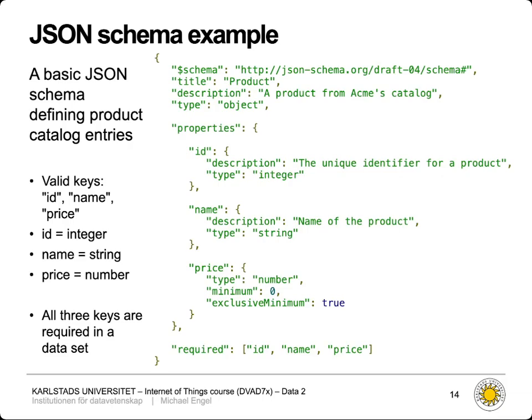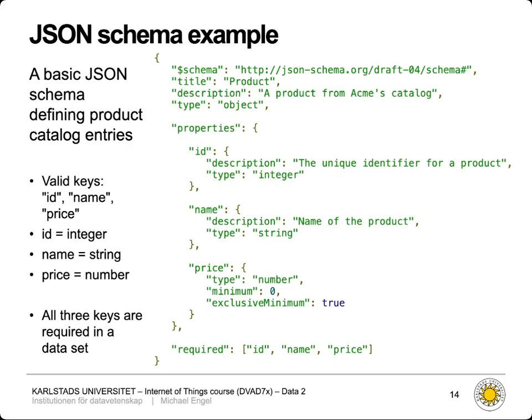And now we can say objects in a JSON file that conforms to this schema have certain properties. These properties might be an ID inside of this, and again a human readable description, so the unique identifier for a product. We prescribe that whenever we have an ID, the value assigned to this ID in a JSON file must be of type integer.